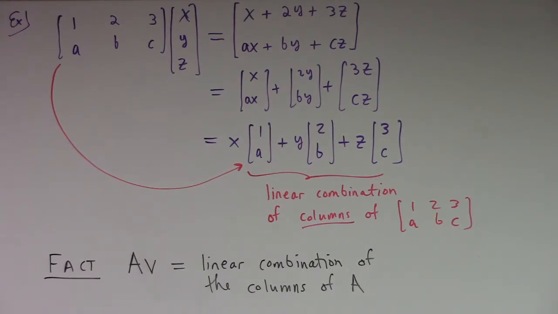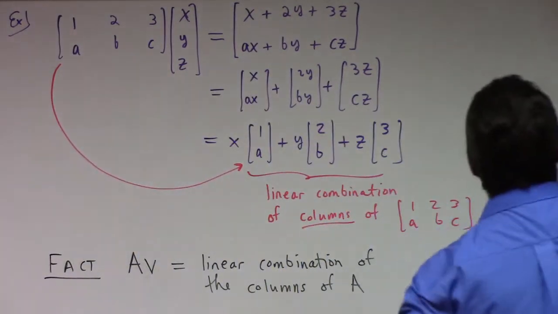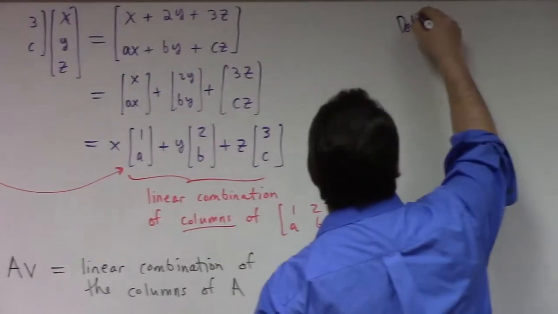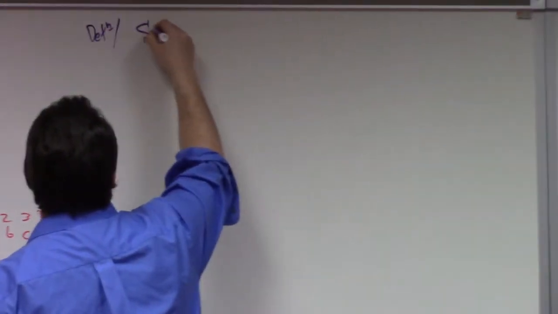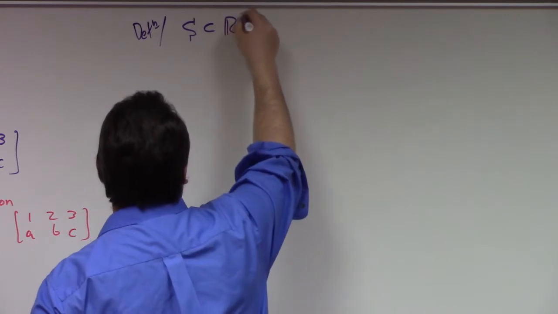All right, so what? So that brings us to our next important definition for the course, which is called the span. The definition. So let S be a subset for us of R^n.